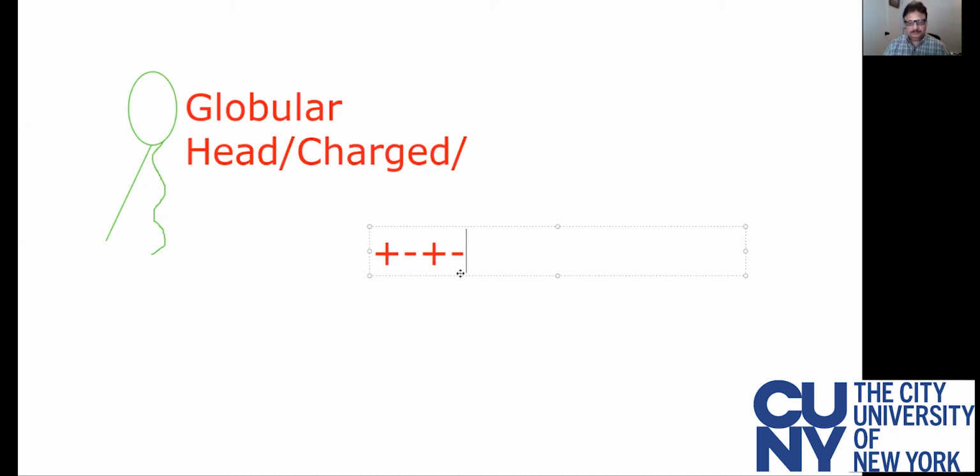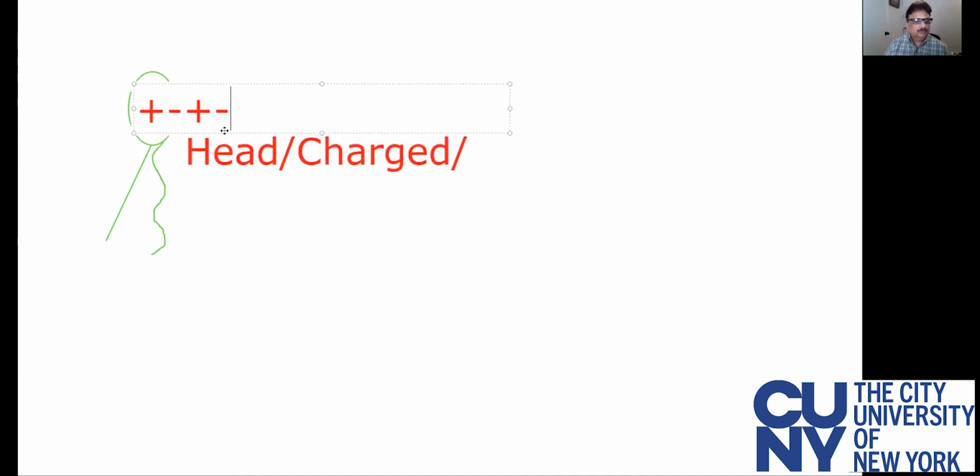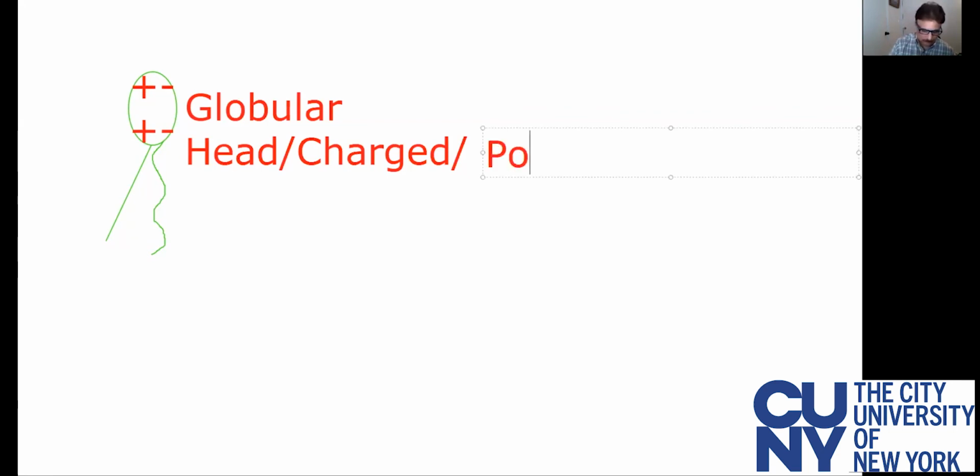So this globular head could be charged by the presence of positive or negative charges. So this is also called polar, and they love water, so they're called hydrophilic.